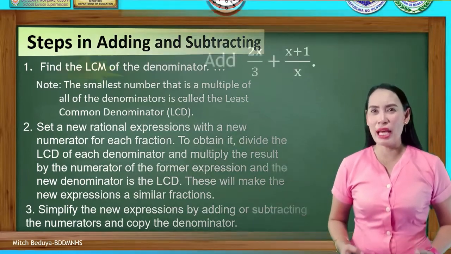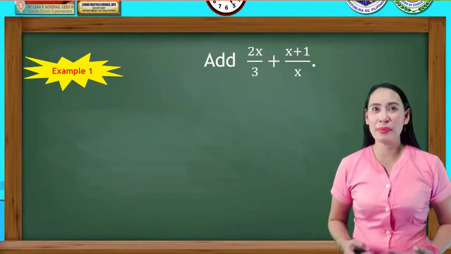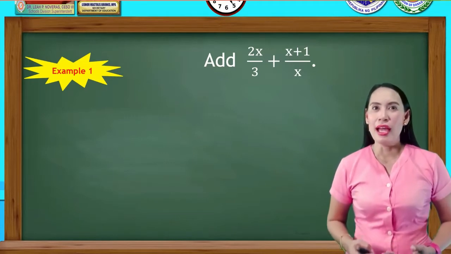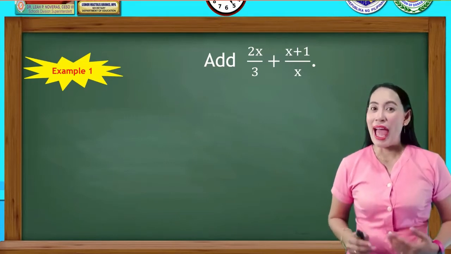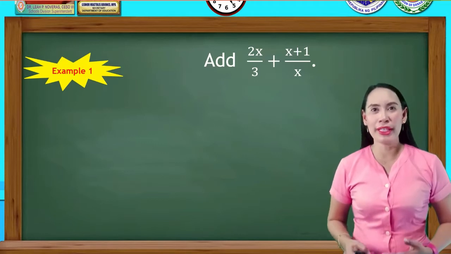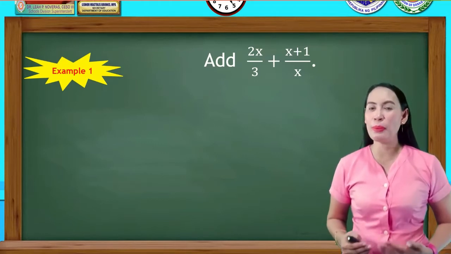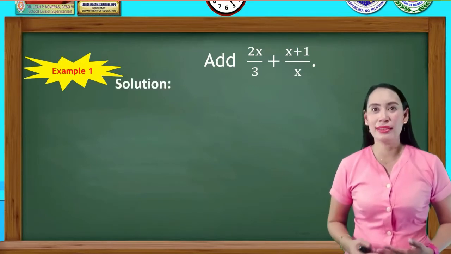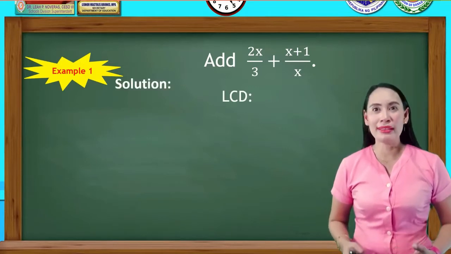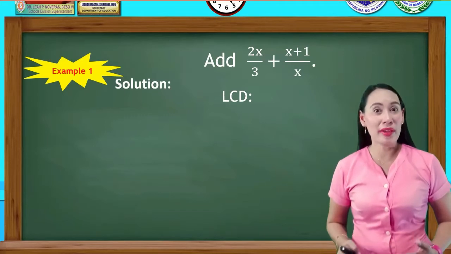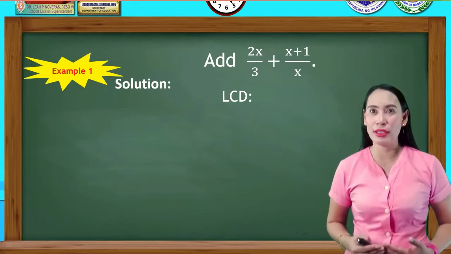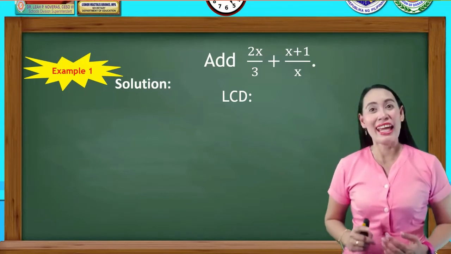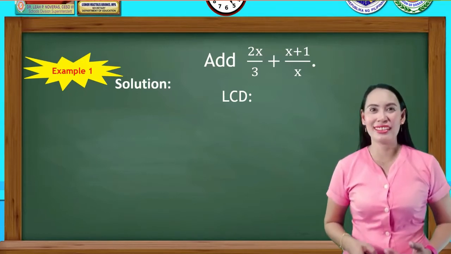Here are some examples in adding and subtracting rational expressions. Example number 1. Add 2x over 3 plus the quantity of x plus 1 all over x. The solution is, first, we will get the LCD since we are adding dissimilar fractions. So, what is the LCD? Yes, the LCD is 3x.